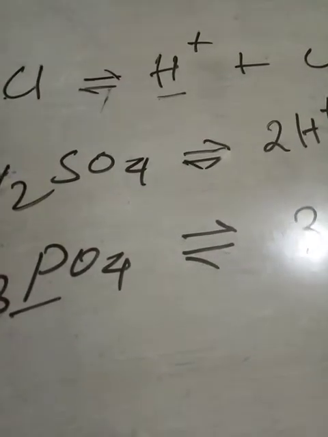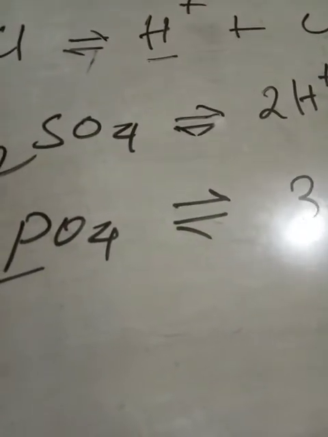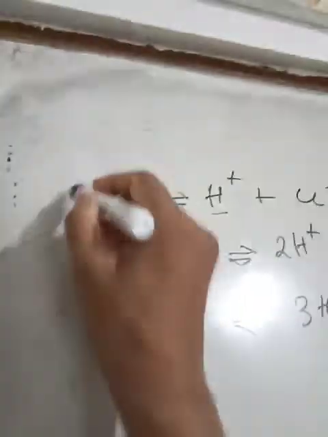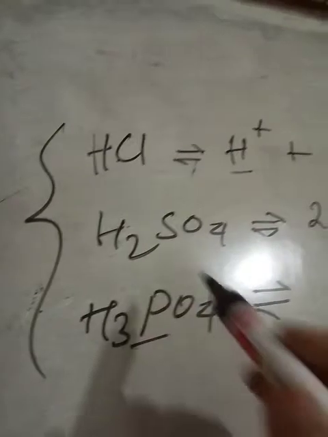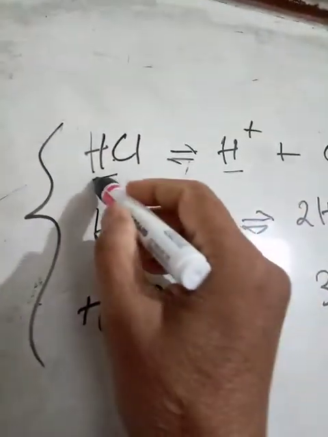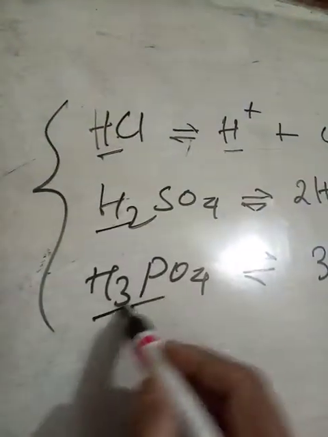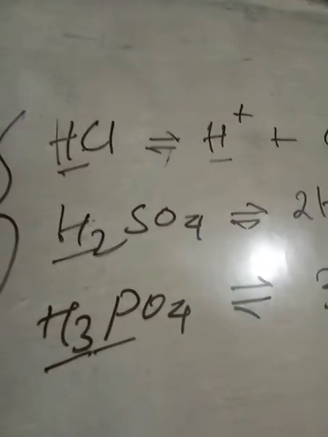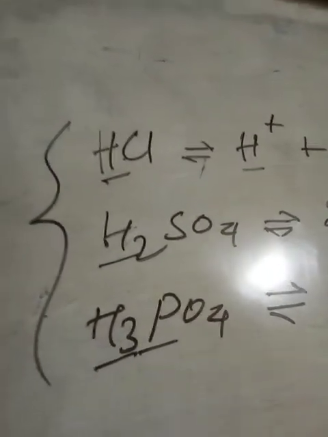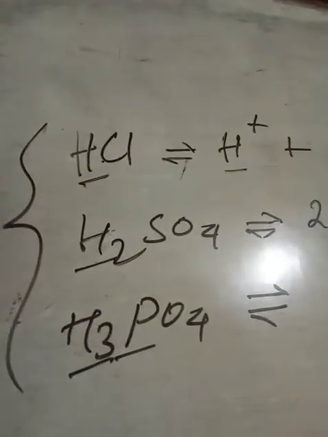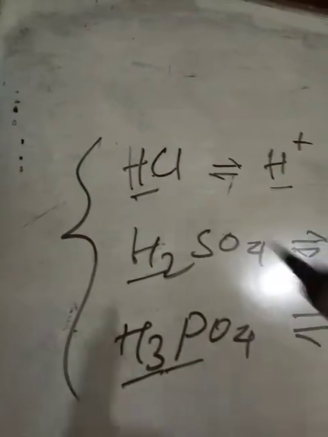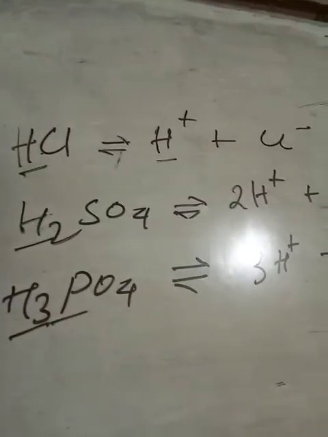From this example, you may get an idea that it depends on the number of hydrogen ions: HCl contains 1 hydrogen, H2SO4 contains 2 hydrogen, H3PO4 contains 3 hydrogen, so they are respectively monobasic, dibasic, tribasic. But this is not true.